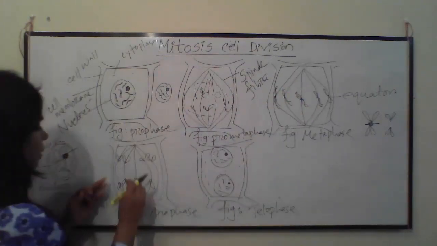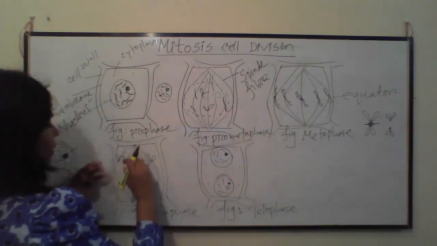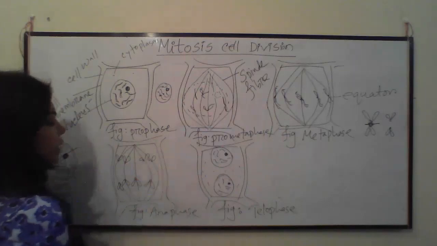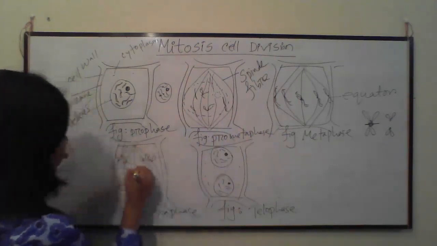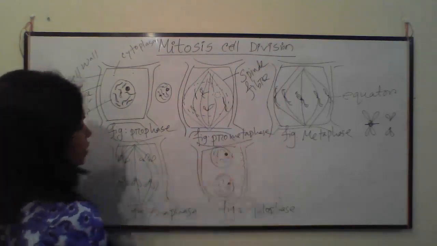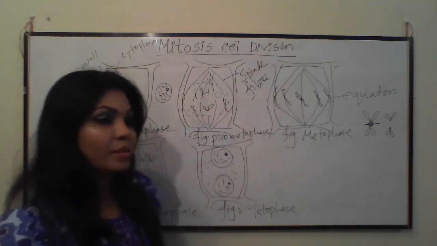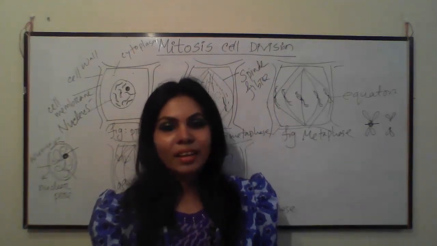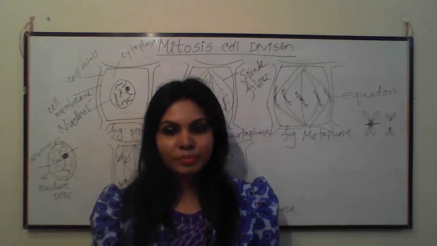Then in anaphase, the chromosomes divide, split up, and go to their respective poles. In telophase, the nuclear membrane and nucleolus reappear and the spindle fiber disappears. This is the summary of karyokinesis in mitosis cell division.